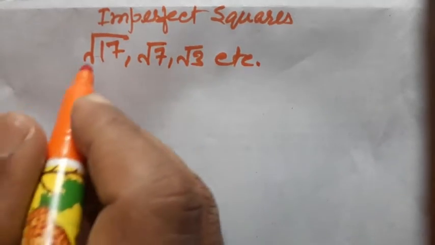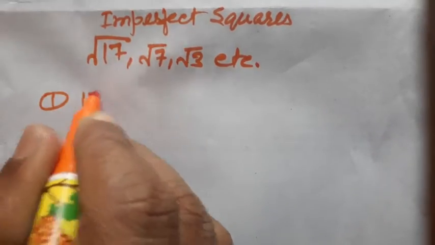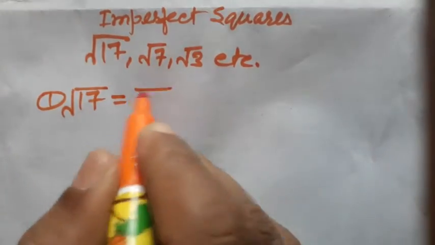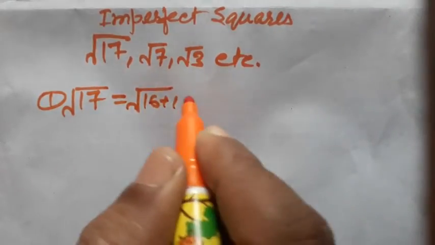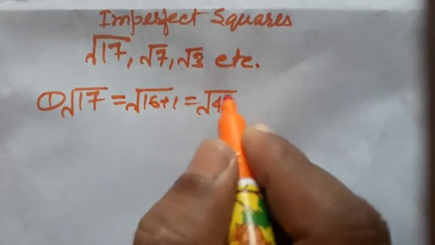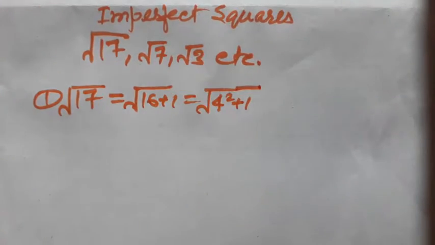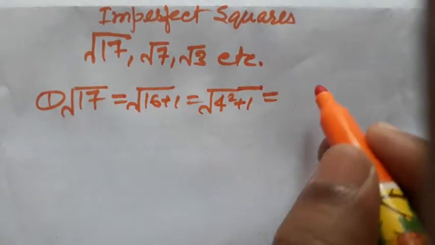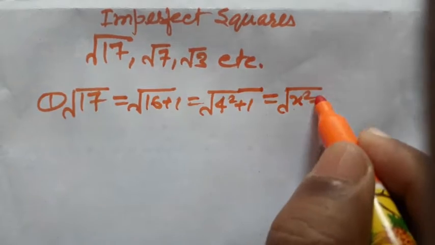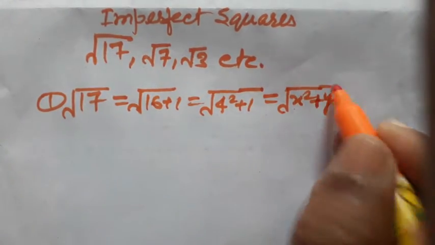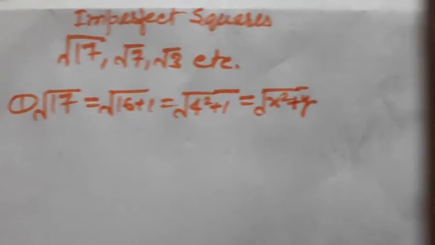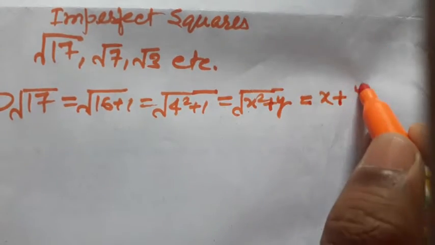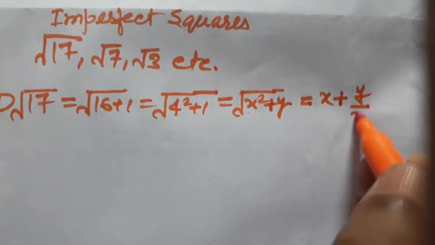Suppose we take root 17 first. We can change the form of this root 17 like this: 16 plus 1. So we have converted root 17 into the form root of x square plus y, and the solution of this form would be x plus y upon 2x.